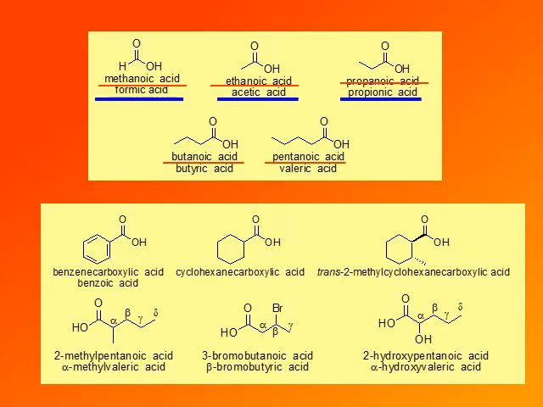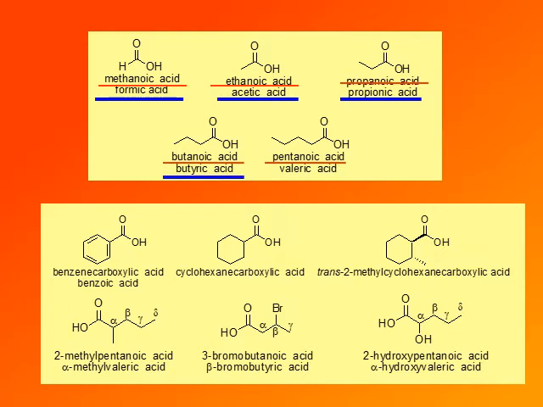Particularly pay attention when names, trivial and systematic names, are similar but different. As in this case, the systematic name is propanoic, while the trivial name is propionic. Make sure that you don't mix them up, that you know which one is systematic and which one is trivial. And the same is the case with the next two.